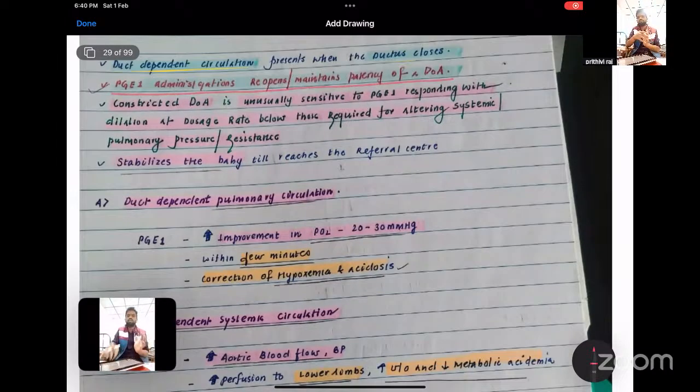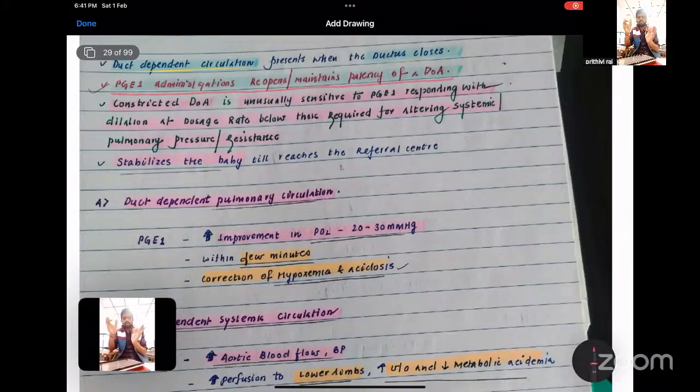So why is it very important? Because most of the children are born in a center where proper tertiary cardiac care is not available. You don't have a cardiologist, interventional cardiologist, or CTVS surgeon. Most deliveries happen in a district hospital, a primary health center, or a medical college hospital without cardiac facility. So in order to refer the child, you have to stabilize the child.